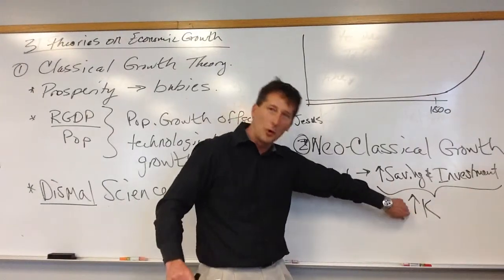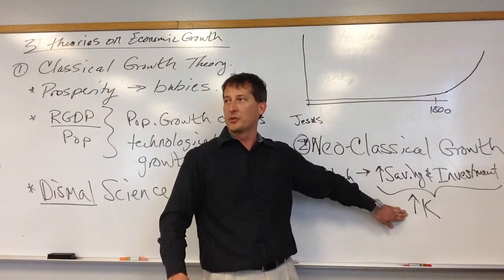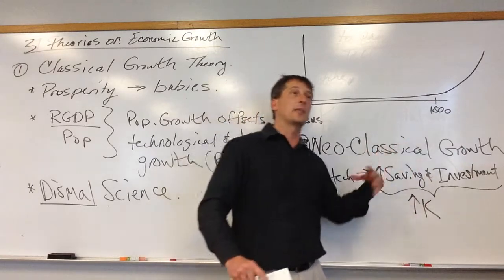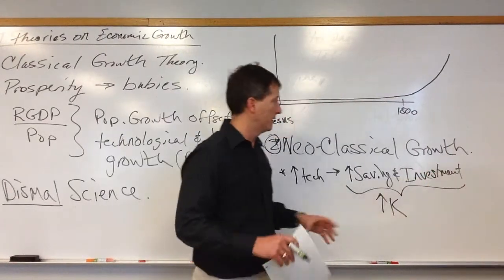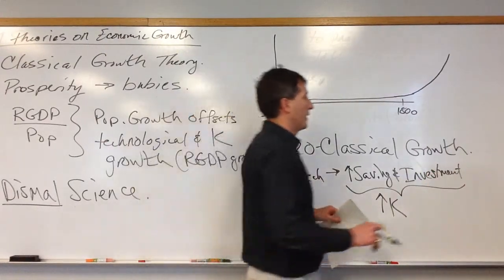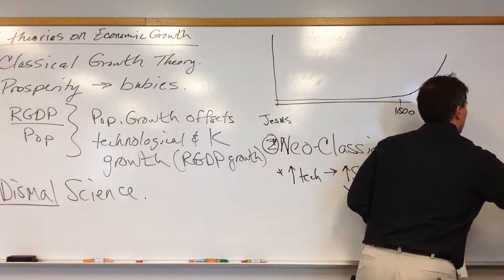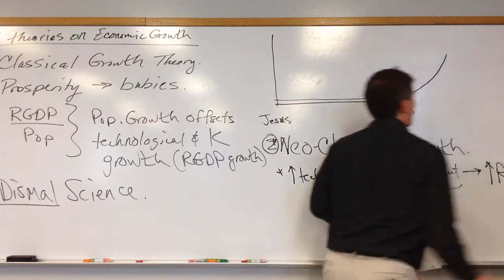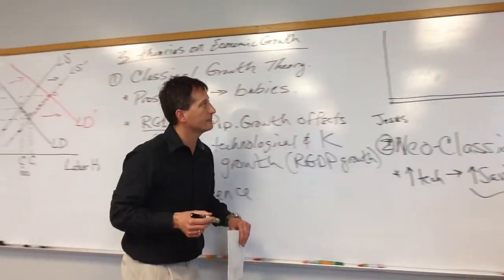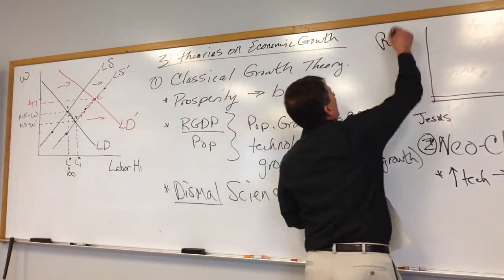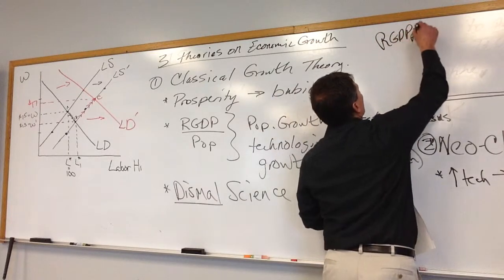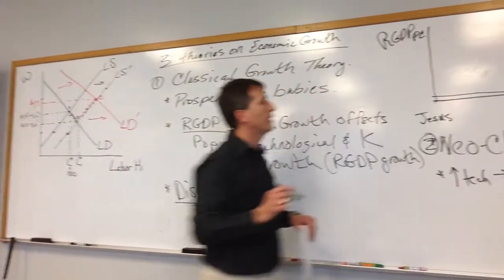More machines, more buildings, industrial revolution, making our labor more productive, and therefore leading to an increase in real GDP per person, which is our hockey stick. If this is real GDP per person, per capita, PC.